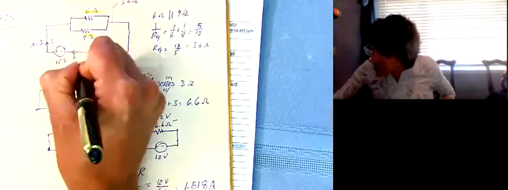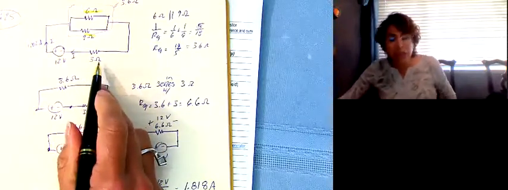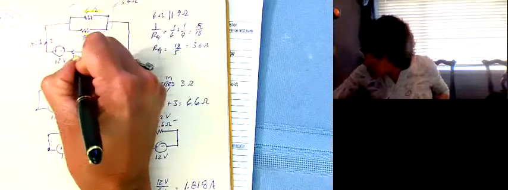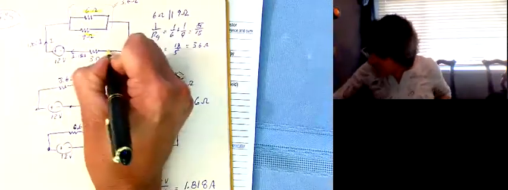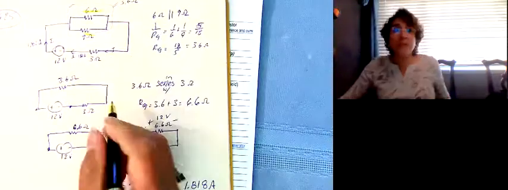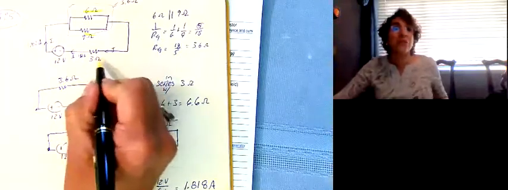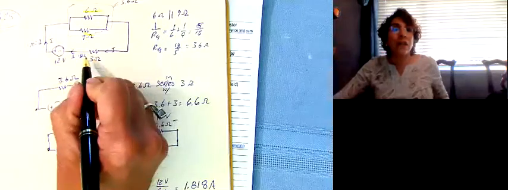Put here, same I, 1.82. Notice that that's next to the 3 ohm resistor. So if 1.82 amps came out of the resistor, that's exactly how much went into the resistor. Same I. So I know that the current that went through this one is 1.82 amps.